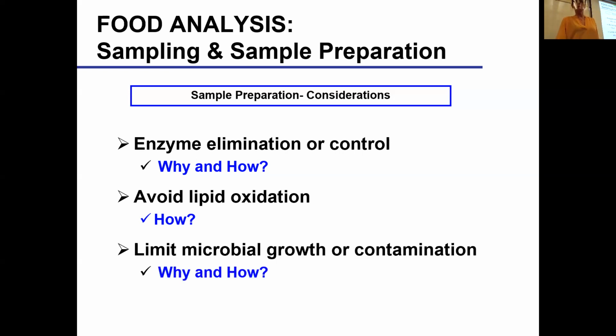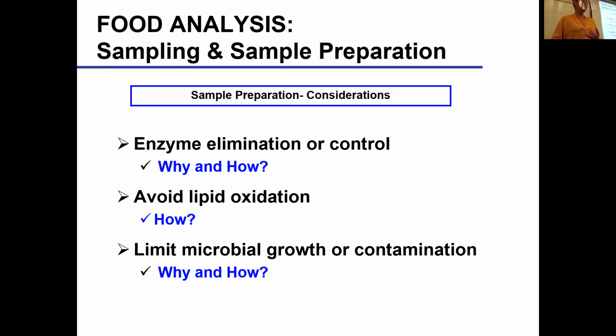Of course, we want to limit microbial growth or contamination, because when microbes grow, a lot of things happen. They also secrete enzymes, and the enzymes can ferment the food, change the composition of the food, and spoil whatever you are storing for analysis. So you don't want that.